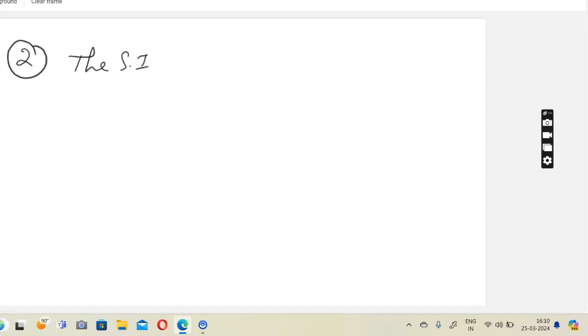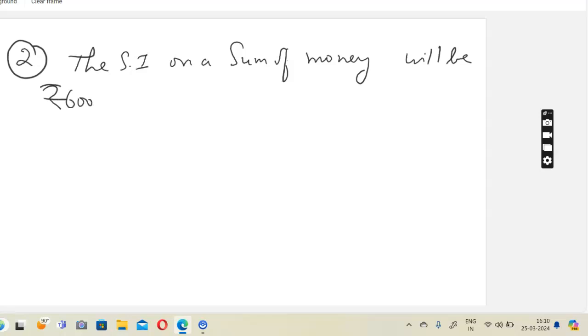The SI on a sum of money will be rupees 600 for 10 years.